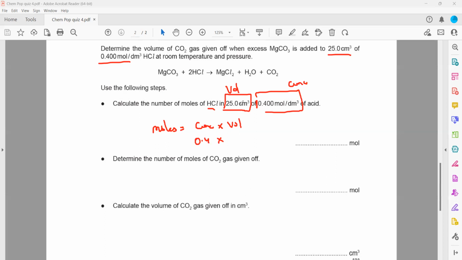So we have 25 cm cube, we divide by 1000, so it will be 0.025 decimeter cube. When 0.4 is multiplied with 0.025, we get 0.01 moles of hydrochloric acid.